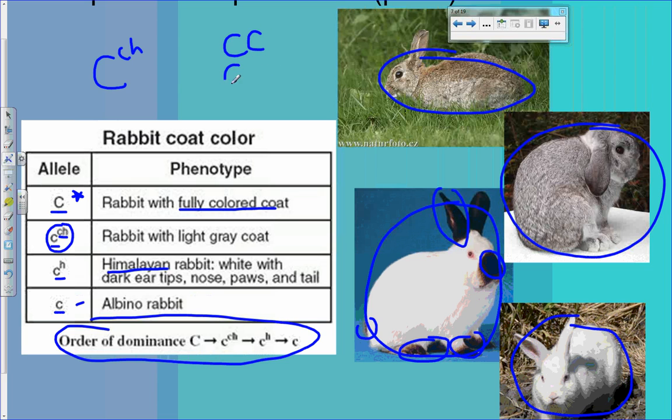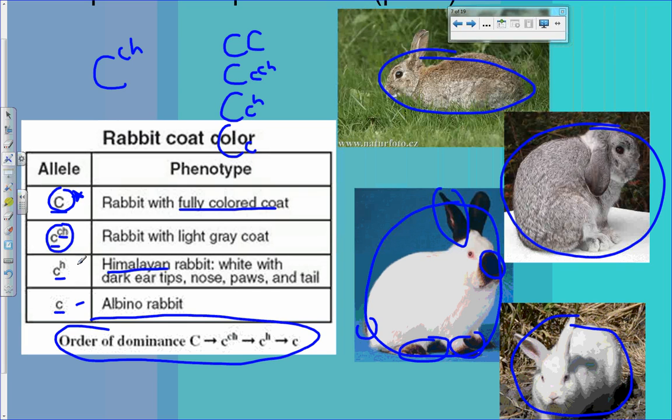All of those would give us a normal colored rabbit because this dominates everything below it. Same thing with chinchilla. If we had C, CH, C, CH, that'd be Himalayan. Or if we had C, CH, CH, that would also be chinchilla because this covers up anything below it.